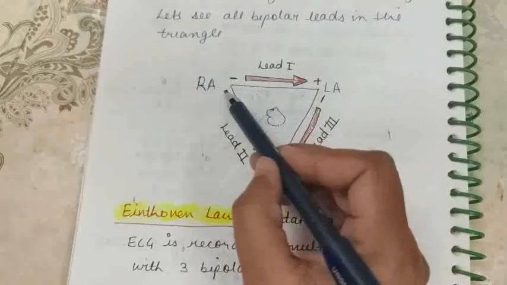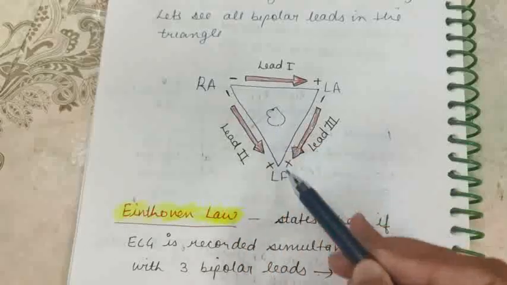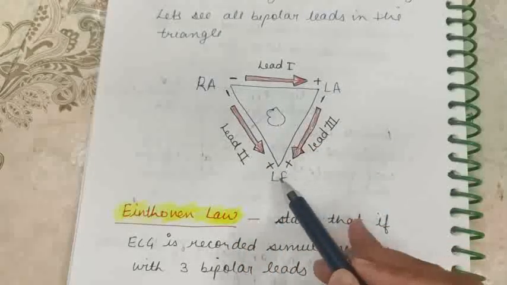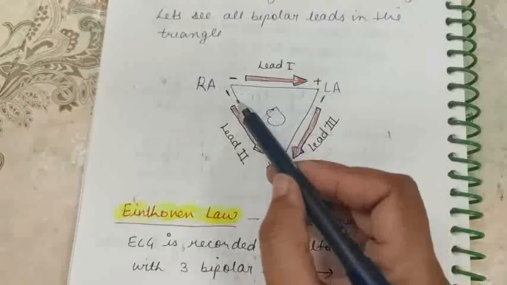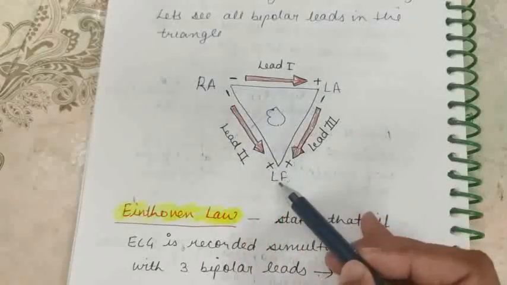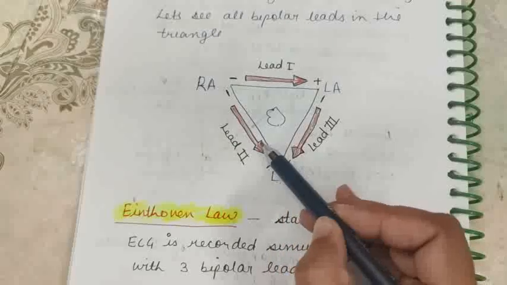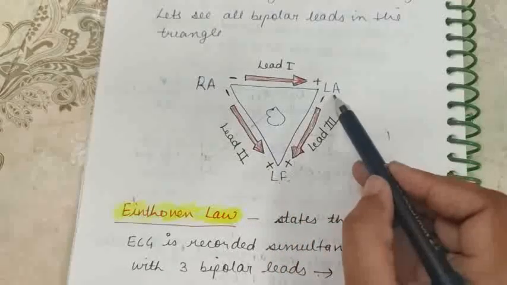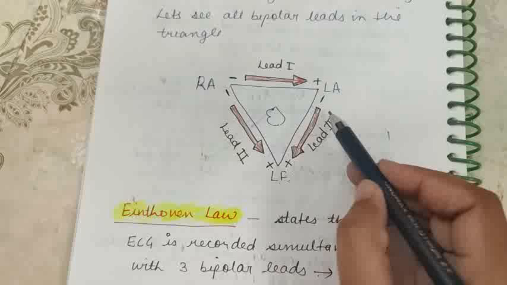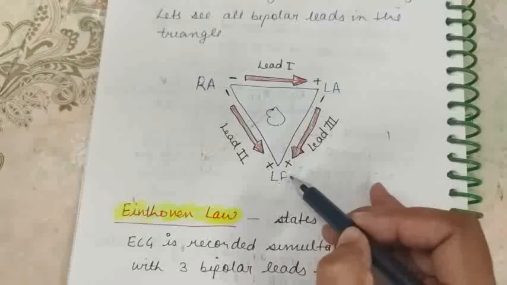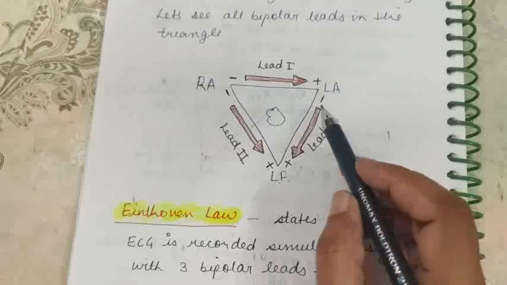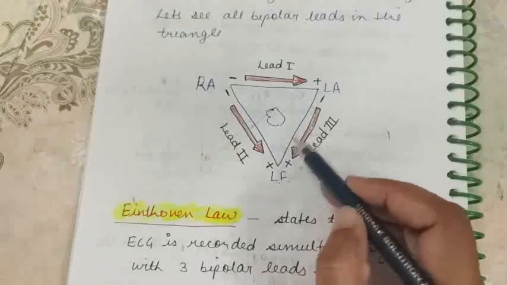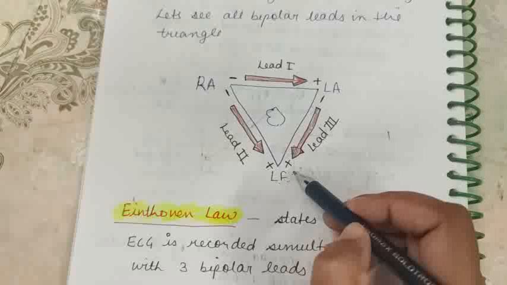If the right arm is taken as negative and the left foot is taken as positive, then this right arm to left foot lead is called lead 2. From left arm taken as negative and left foot taken as positive, this direction of flow is called lead 3. And since all are active electrodes, these leads are bipolar leads.